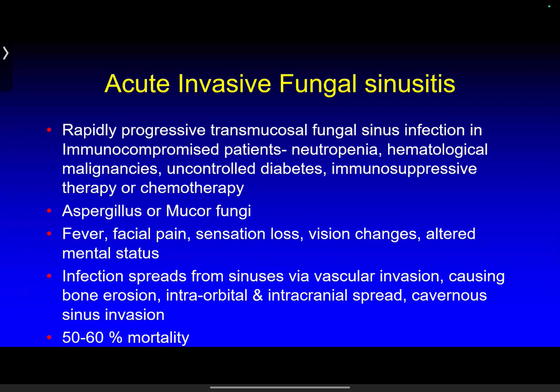The patient presents with fever, facial pain, sensation loss, vision changes, altered mental status, and the infection can spread from sinuses via vascular invasion, causing bone erosion and both intracranial and intraorbital spread, and cavernous sinus invasion. Despite early treatment with antifungals and surgical debridement, the mortality remains extremely high at 50 to 60%.